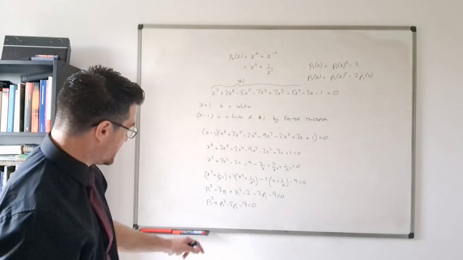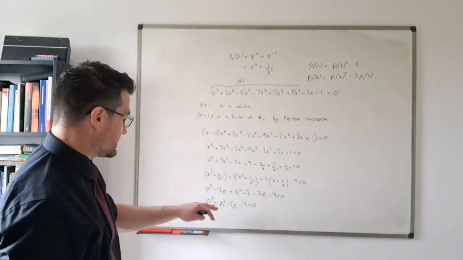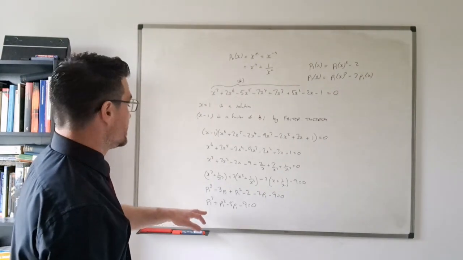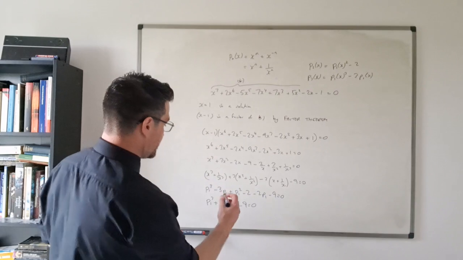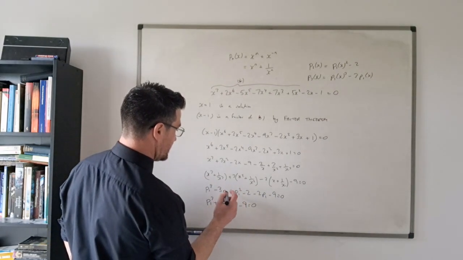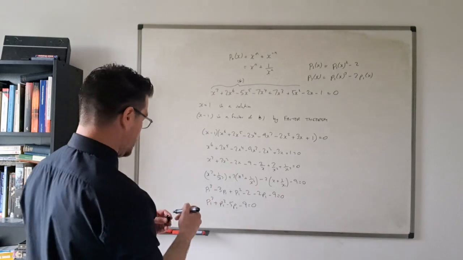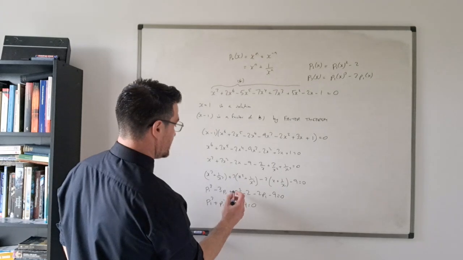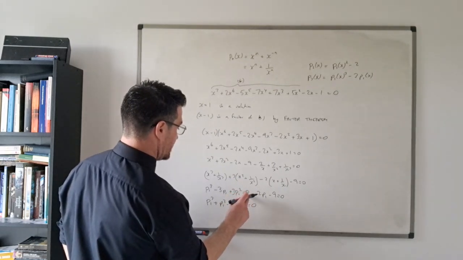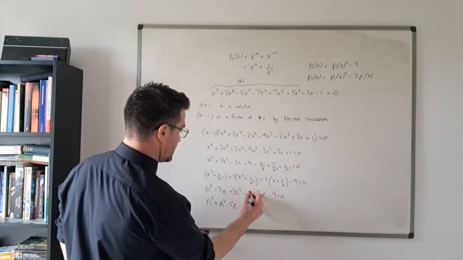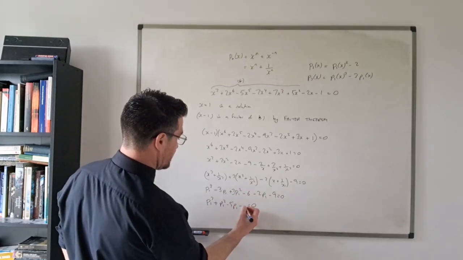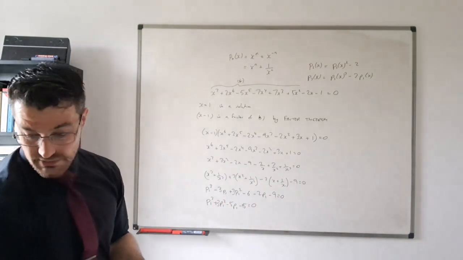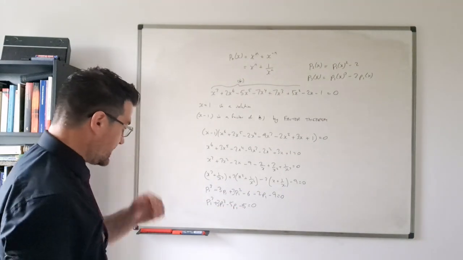Is that right? I think I've made a mistake somewhere. So it'd be a P1 squared somewhere. It should be 3P1 squared here, minus 6, minus 15, and plus 3P1 squared minus 5P1 minus 15.